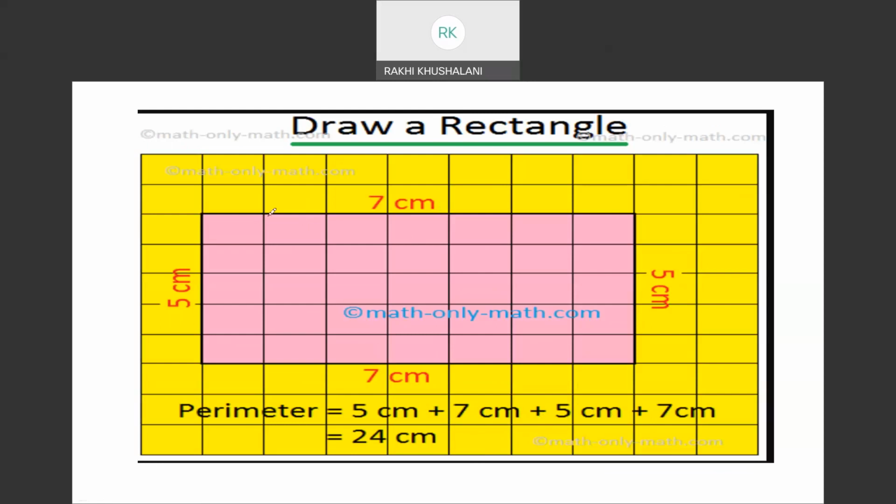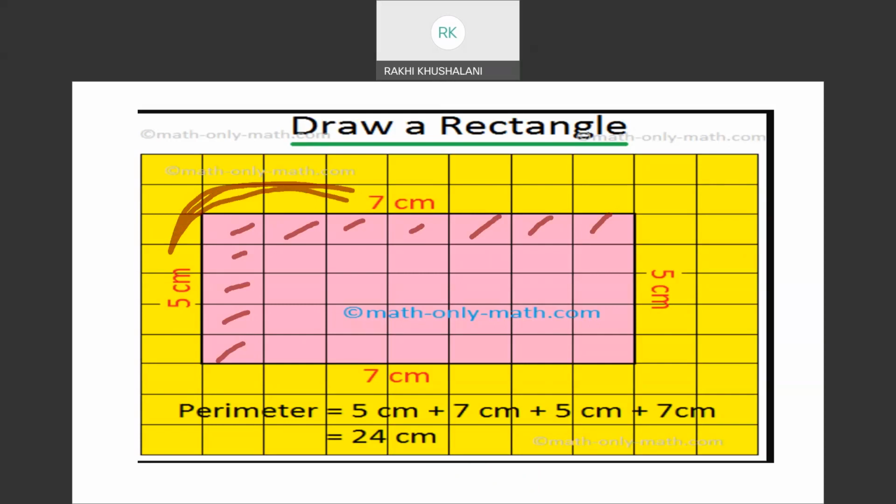Now, if I want to find out the area, every time we cannot sit and count the squares. The easiest way now is to take one side and take another side and multiply them. So 5 into 7 gives you 35 square units.